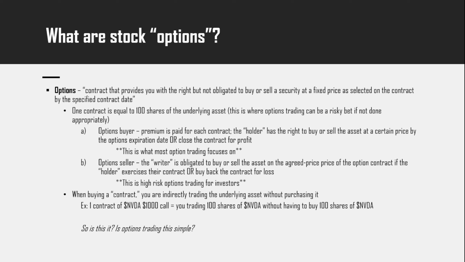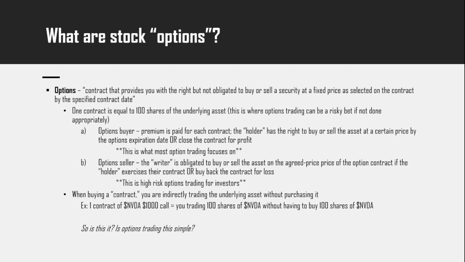So if you want to play, let's say, an NVIDIA call, when you buy one call, you're paying the premium, or the price, to play 100 shares of Nvidia, but you're not really buying 100 shares of Nvidia. That's where the benefit of options comes into play, because you're saving yourself money on the fact that you don't have to buy 100 shares of Nvidia.